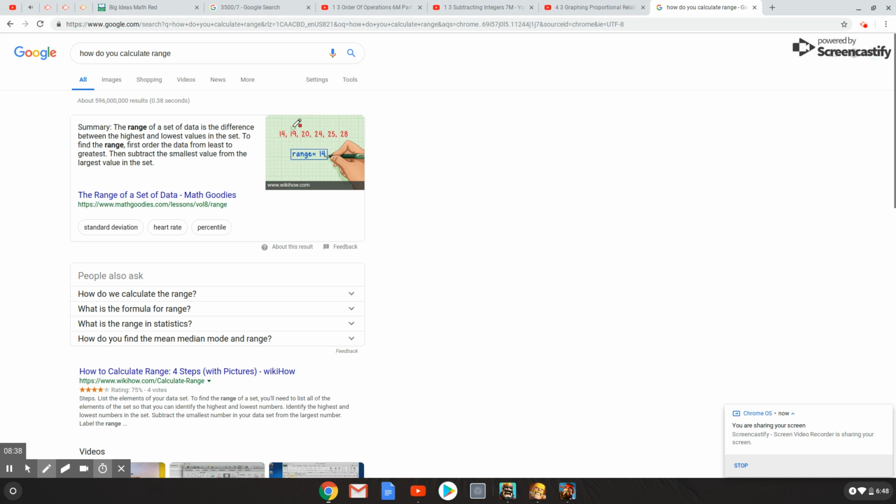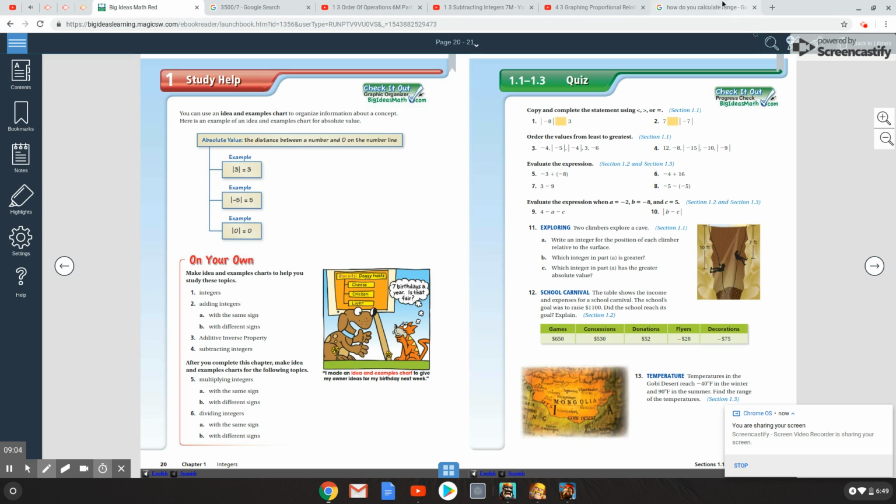The numbers are 14, 19, 20, 24, 25, and 28. Basically the range is the highest number minus the lowest number, and our lowest number is 14. So that is how you calculate range.